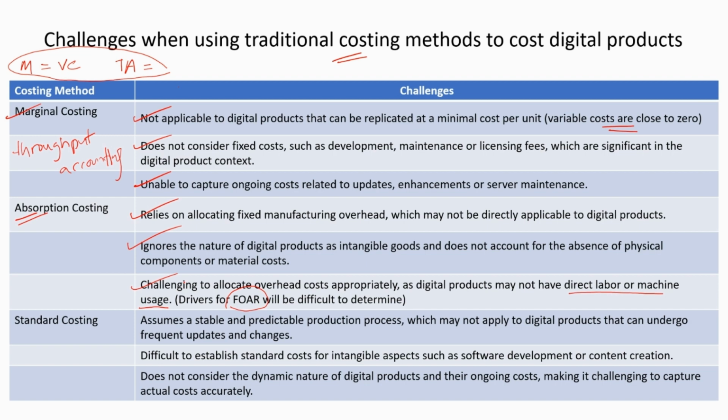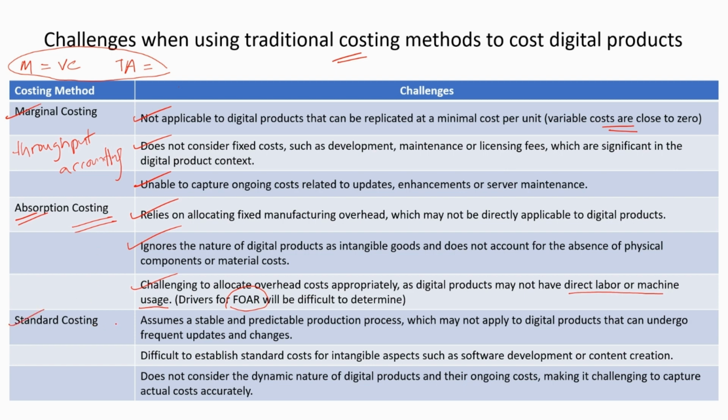Since digital products may not have direct labor or machine usage, using absorption costing to cost a digital product will be challenging. This does not mean that we can completely ignore absorption costing when it comes to costing a digital product. We can use absorption costing, but it will be more challenging.